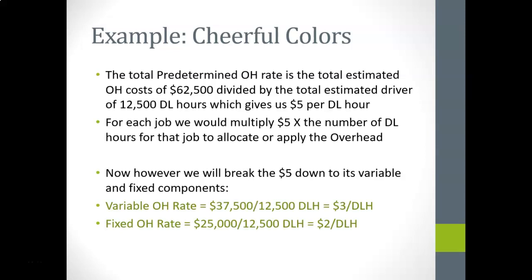The fixed overhead rate is the $25,000 that we estimated for fixed overhead divided by the 12,500 direct labor hours, and that gives us $2 per direct labor hour. Note that the $3 variable rate and the $2 fixed rate should together equal the $5 total rate.